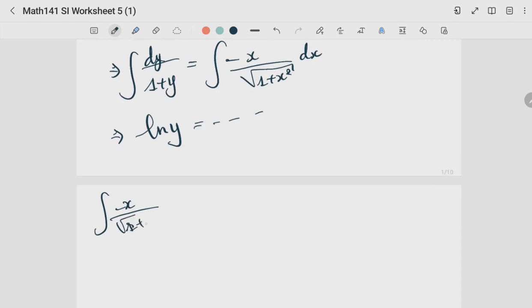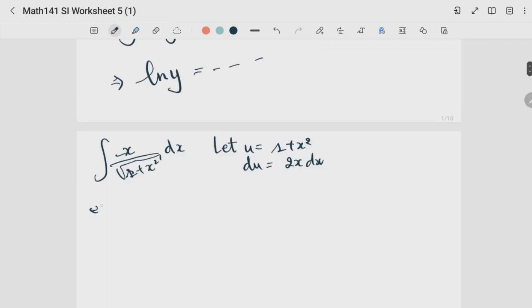The integral of minus x over root of 1 plus x squared dx, and we let u be equal to 1 plus x squared. du is therefore equal to 2x dx. That means that the integral is equal to negative du over 2 all over root of u, which is just equal to what?